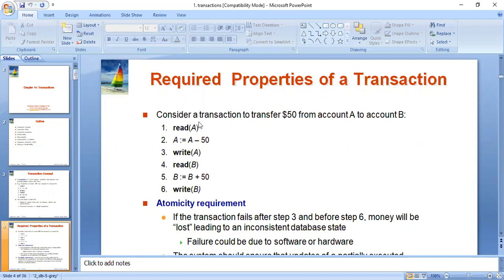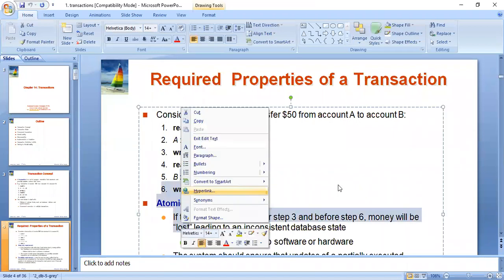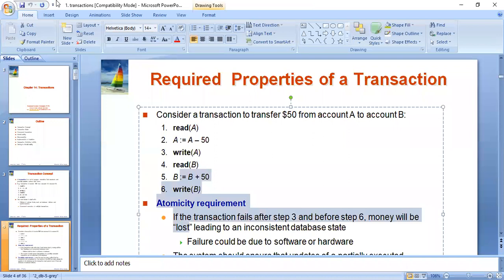That means these 1, 2, 3 instructions should not be executed if power failure occurs. Otherwise, all the instructions have to be executed. That is called the atomicity property. Atomicity property means either all instructions have to be executed or none has to be executed.